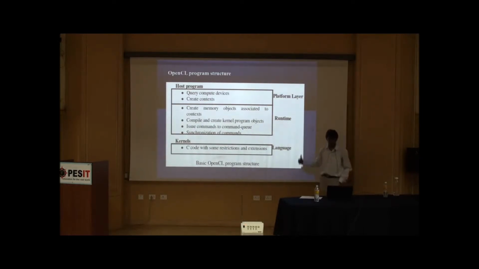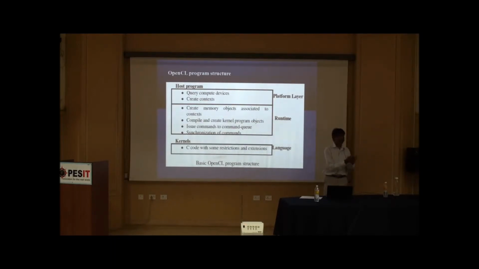Next is your OpenCL program structure. You have two parts in OpenCL. One is the host program, the other one is the OpenCL program. The host program is the one which runs on the CPU, your native CPU.